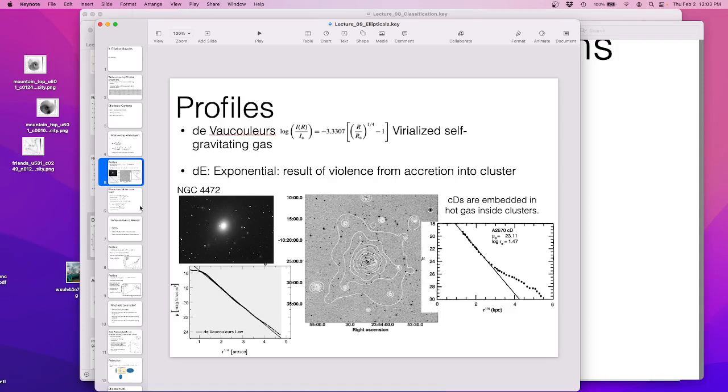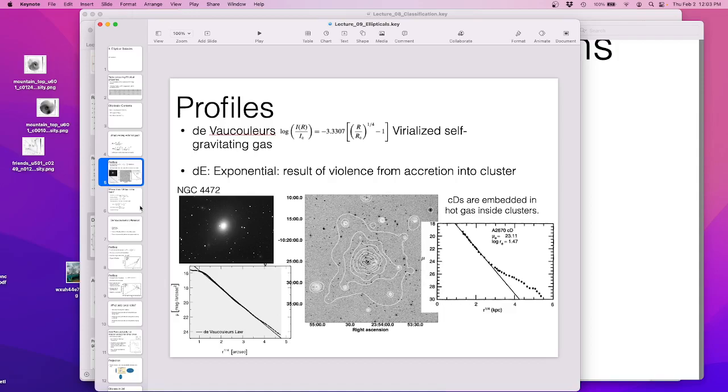Okay. All right. So the de Vaucouleurs profile is this thing at the top. So I of r is the brightness as a function of radius. And it's a brightness per area. And do we have units on that?